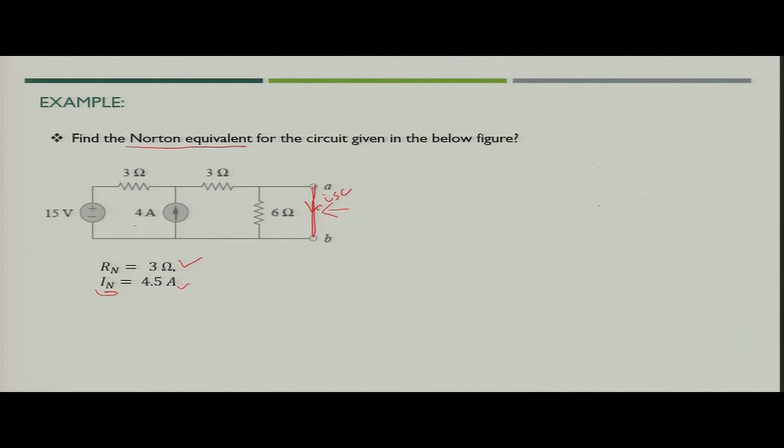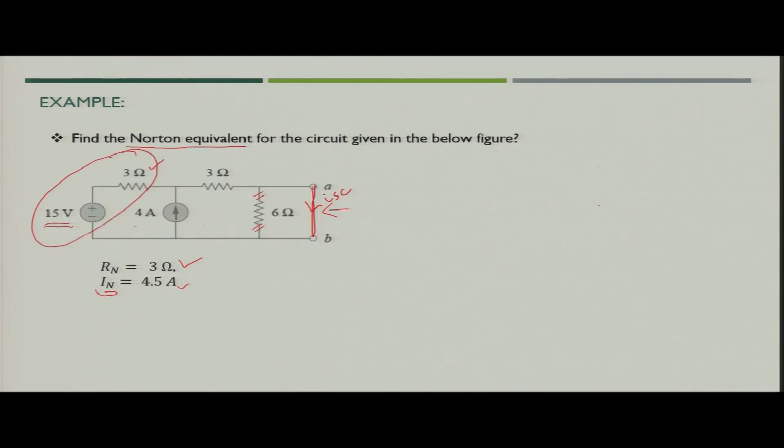Now, when you have this terminal A B short circuited, the 6 ohm resistance will become irrelevant. So, you have just simply 4 ampere current source, 3 ohm resistance, short circuit and these 15 volt voltage source in series with 3 ohm resistance.